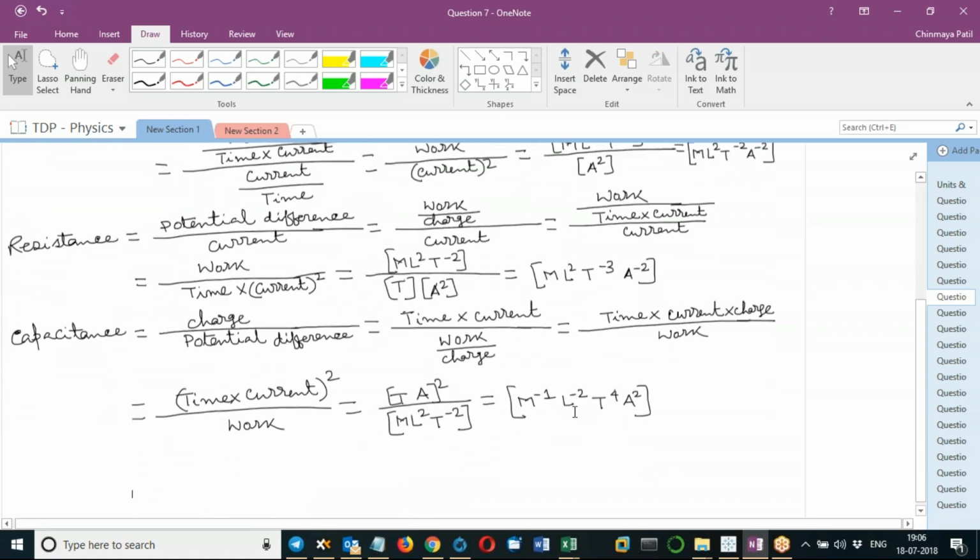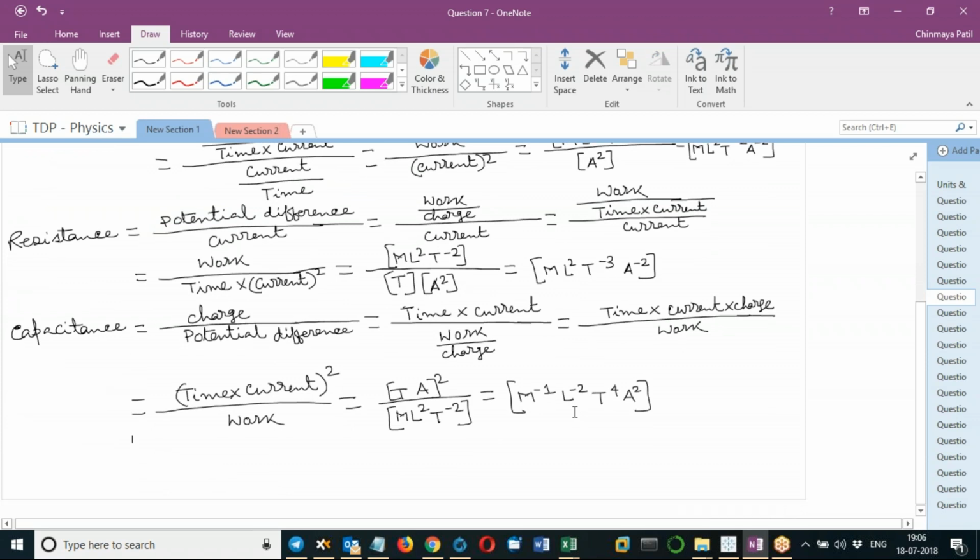So we can summarize. For inductance L, we get M L square t power minus 2 A power minus 2.